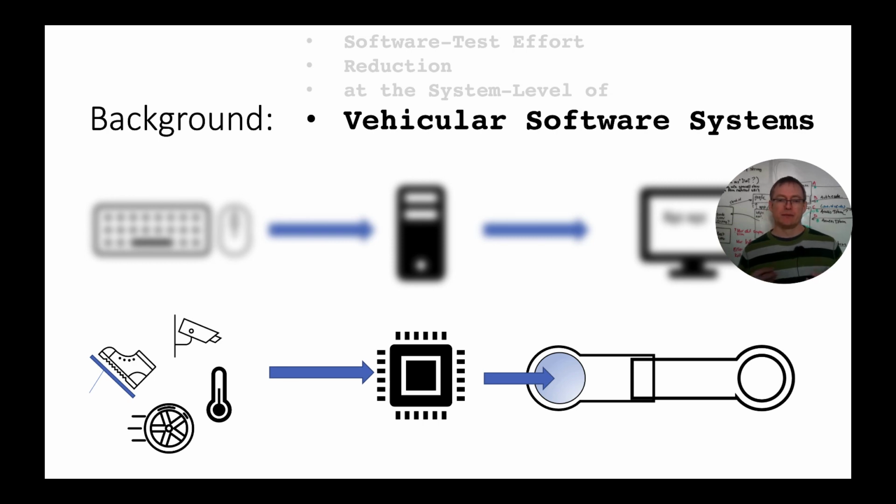So while a desktop system needs to be fast, a vehicular software system needs to be deterministic. So you need to know how long things take, and if we take the extreme example of an airbag, it shouldn't be too quick, because then it's inflated and deflated before you hit it.